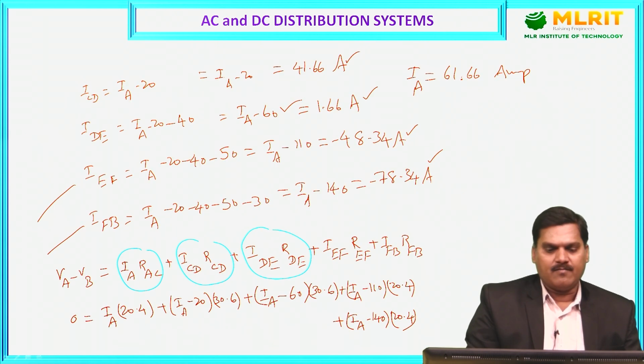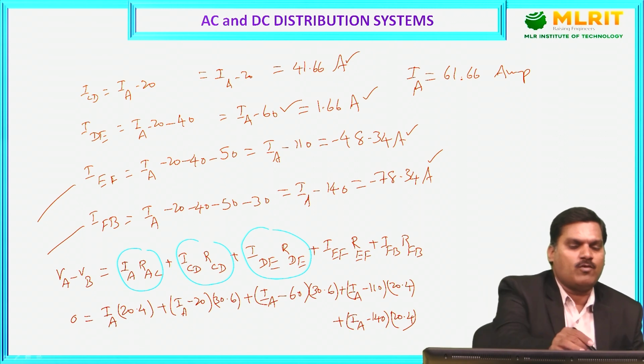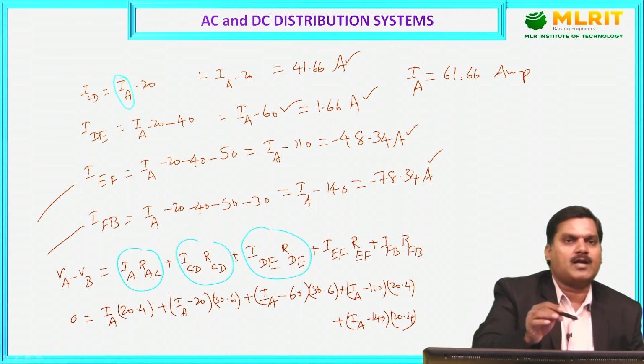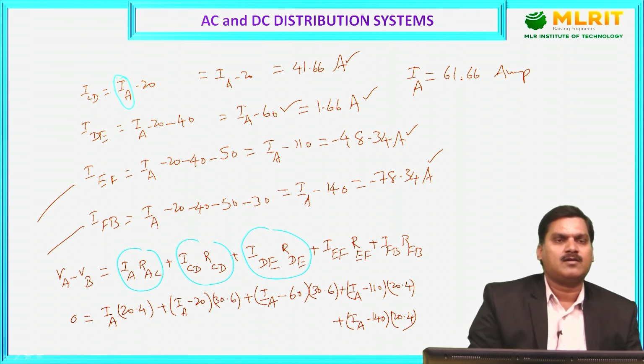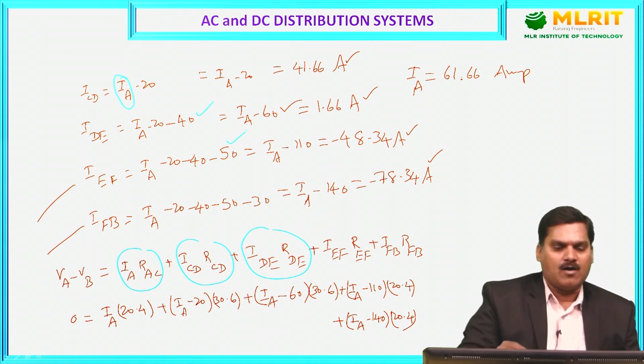After that we calculated currents by assuming current IA is flowing in at the beginning. From that 20 amperes are drawn, after that 40 amperes, after that 50 amperes, after that 30 amperes.